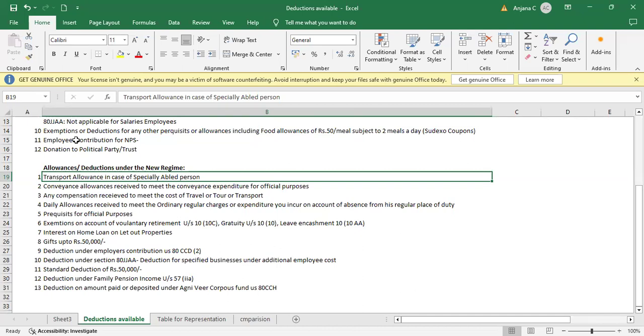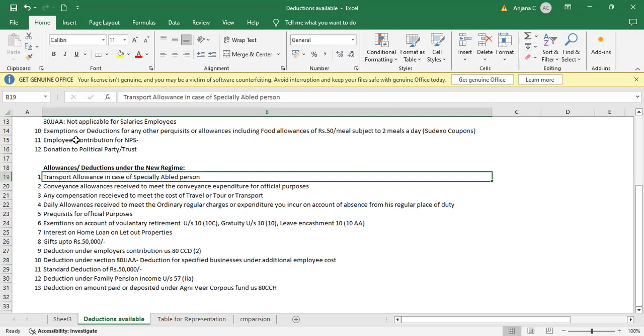Exemptions on account of voluntary retirement, gratuity, and leave encashment are allowed. Interest on home loan only for let out properties, as I had already explained, up to rupees 50,000. Deduction under 80CCD(2), which is the employer's contribution towards NPS.